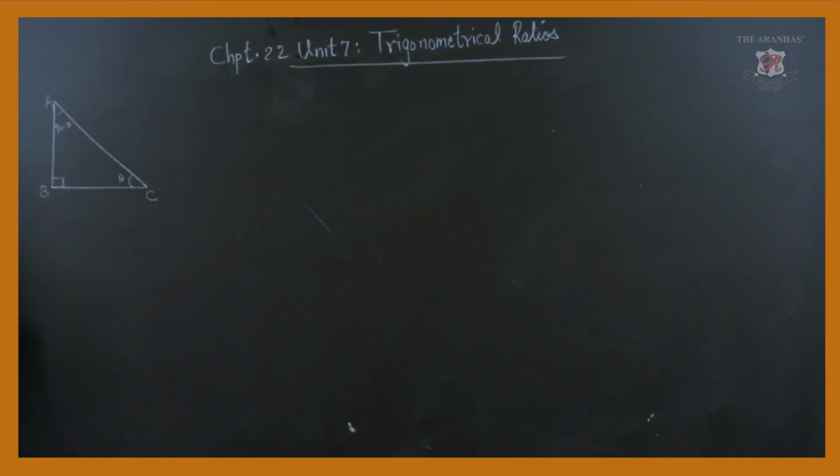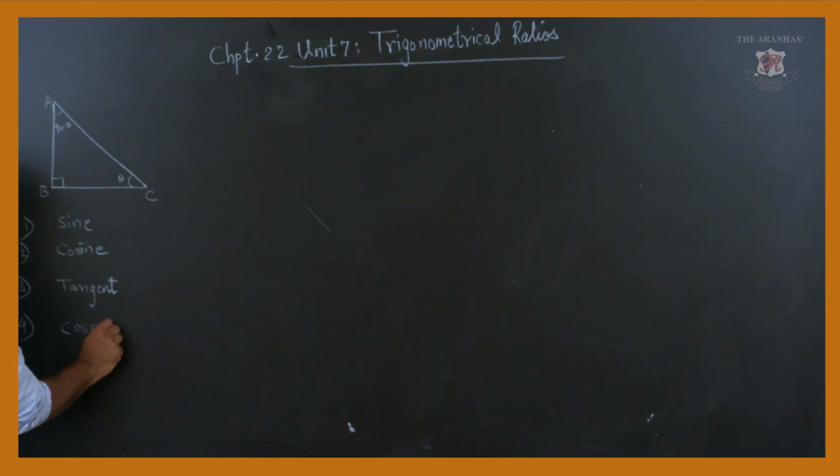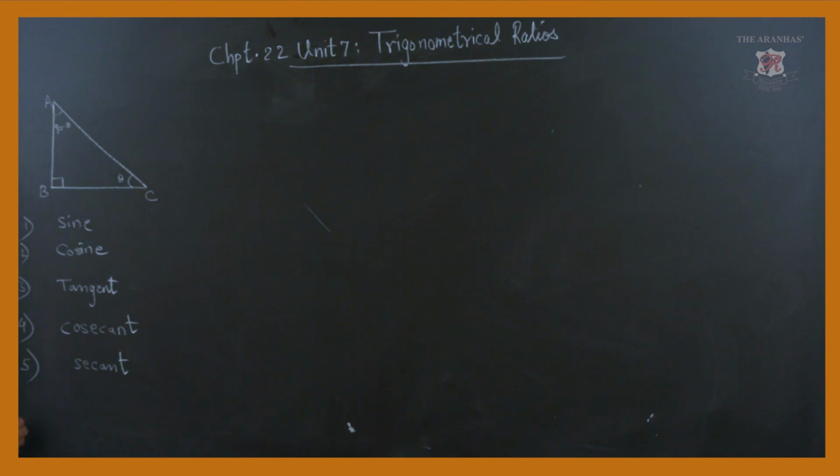Now which are those trigonometrical ratios? First I will mention it here. One is sine, second one is cosine, third one is tangent, then fourth one is cosecant, fifth one is secant, and sixth one is cotangent.